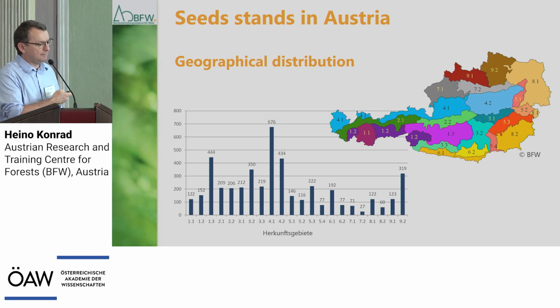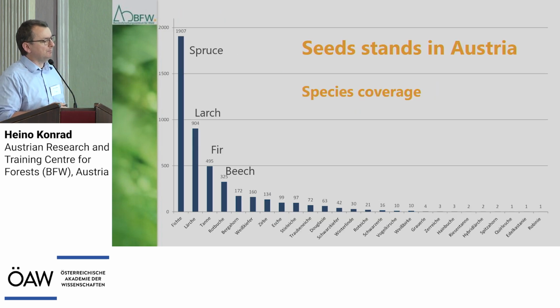So that's okay. When we take a look at the species coverage by the seed stands, you see that almost half of them are just Norway spruce, about 900 are larch, 500 fir, and then the first broadleaf species is beech.